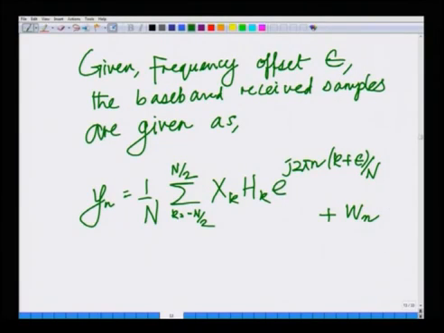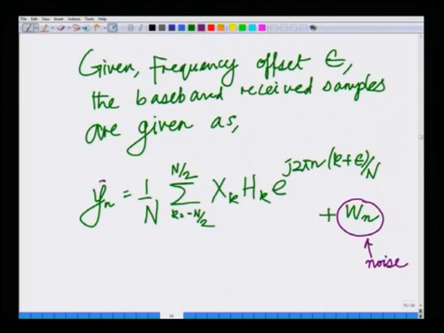Here N is the number of subcarriers, and w n is the noise.